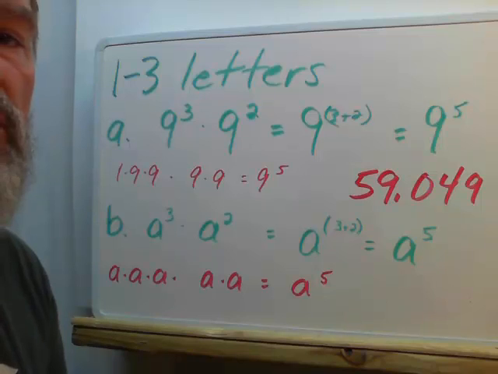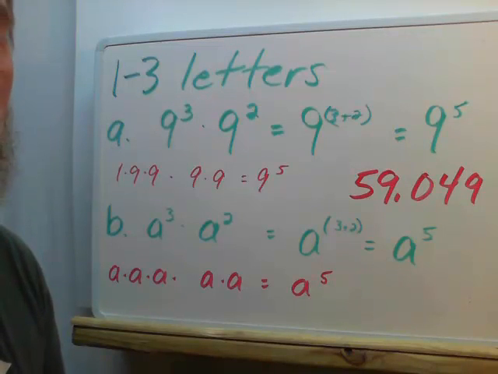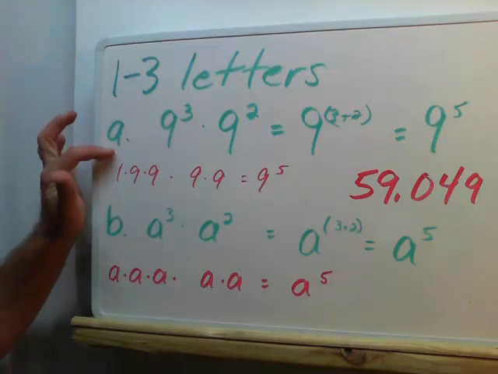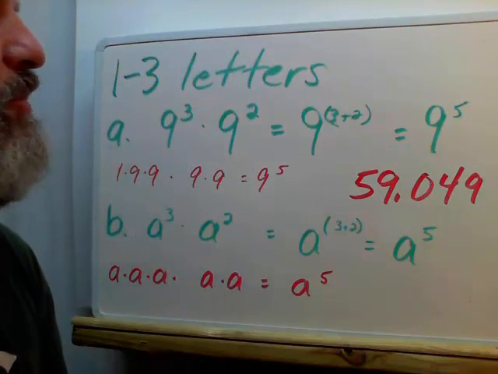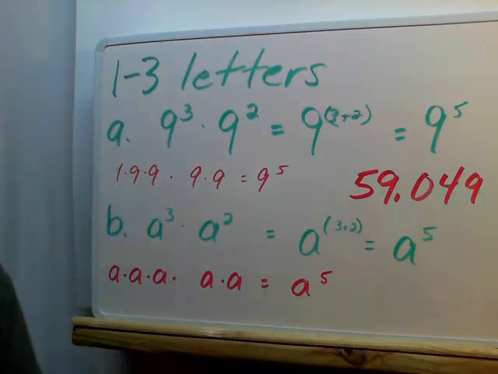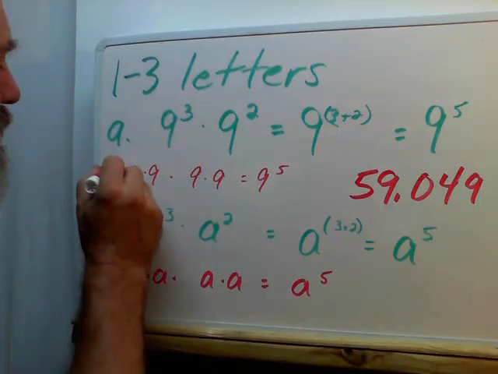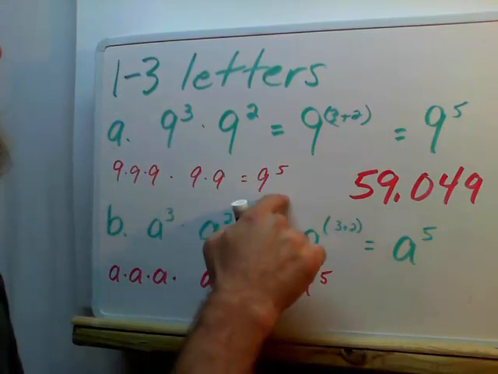Here are your solutions to Lesson 3, Chapter 1, the letter problems. We start out with letter A. The problem is 9 cubed times 9 squared. And remember, we can split it into 9 cubed right here times 9 squared, and we'll end up with 9 to the 5th.